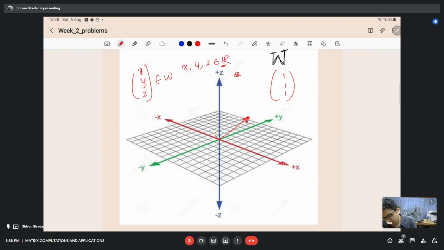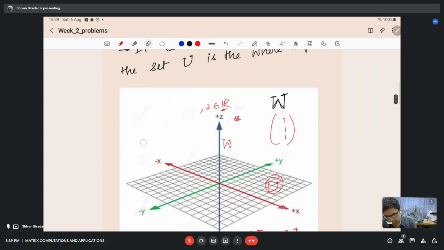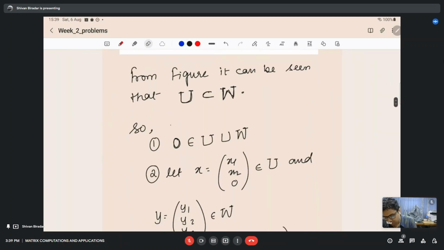So I can get any vector in this three-dimensional space. This means that U, which is the xy plane, is a subset of W. I hope you understood this. So from the figure, you see that U is a subset of W.